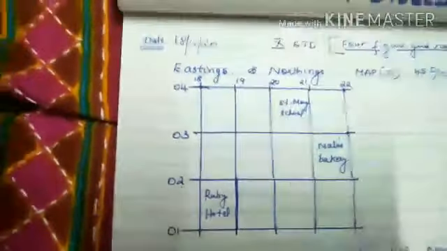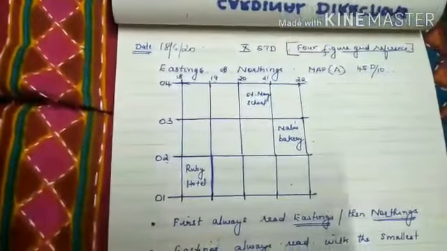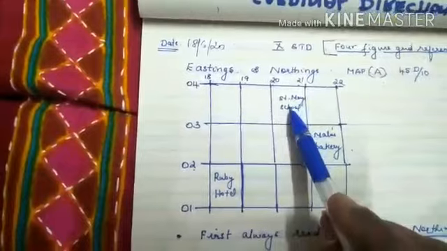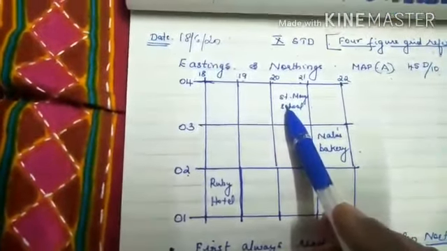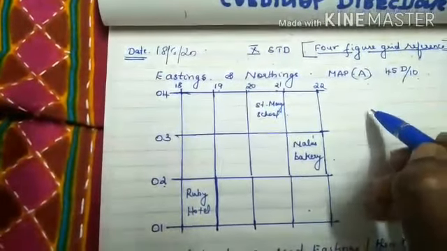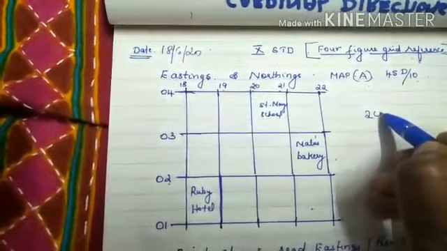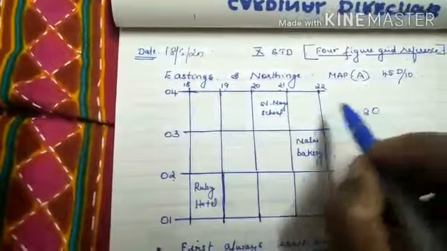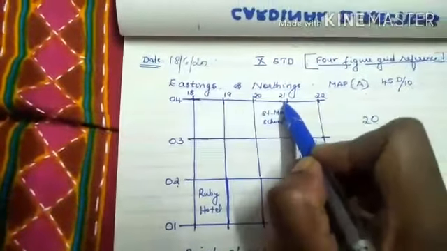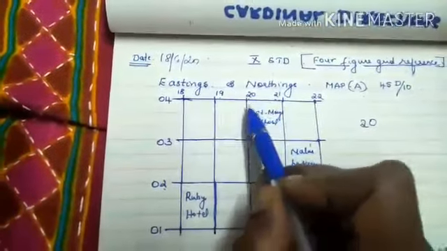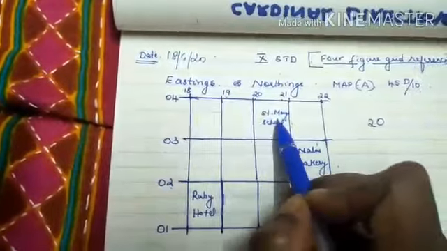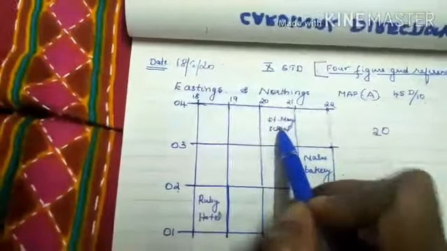So if I just want to find out St. Mary's School, find out the 4-figure grid reference of St. Mary's School. So first you have to read the eastings. 20 and 21. You have to take the number which is the least, the line which is just before the symbol.